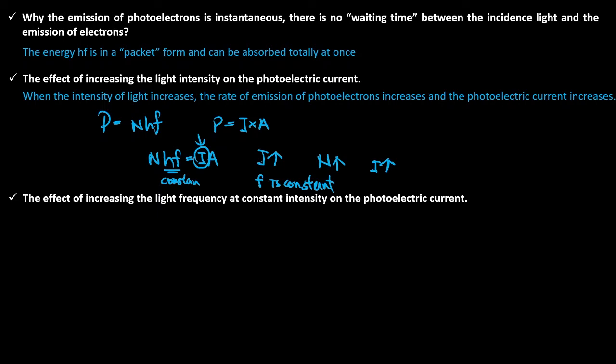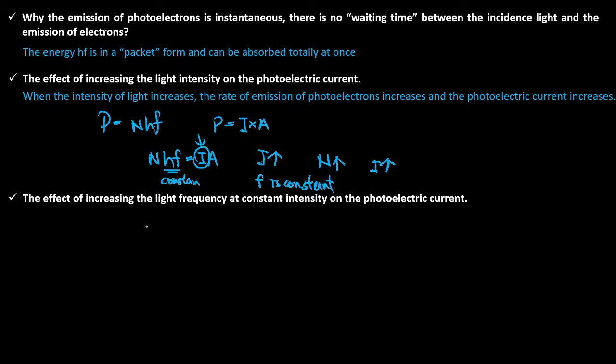Then another thing that quantum theory is used to explain: the effect of increasing the light frequency at constant intensity on the photoelectric current. So let's say you increase the light frequency, but you maintain the intensity. You use the same intensity.